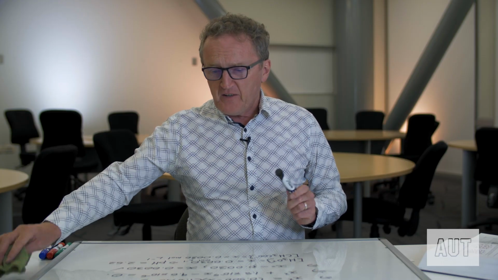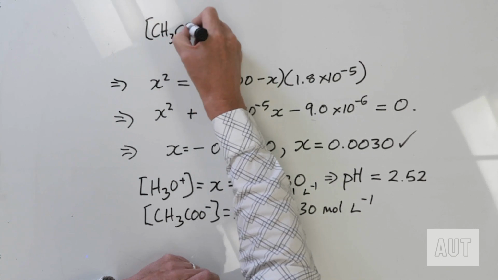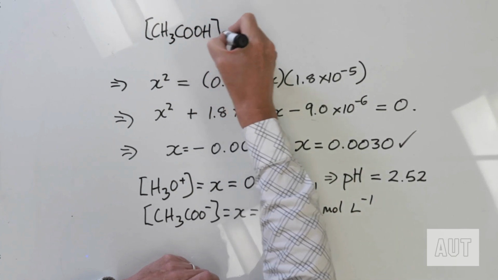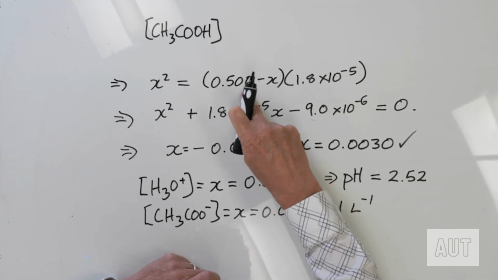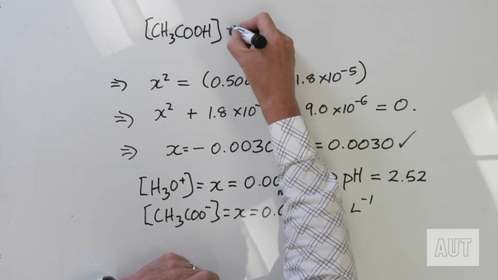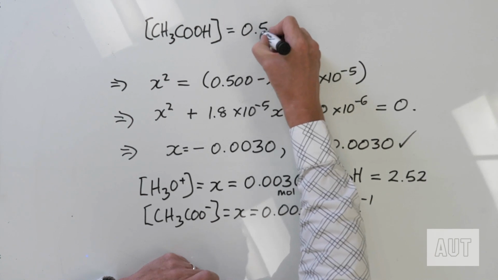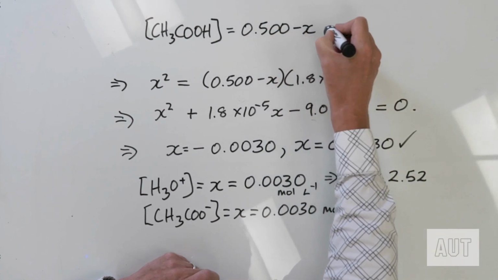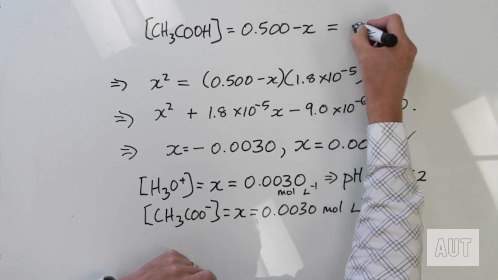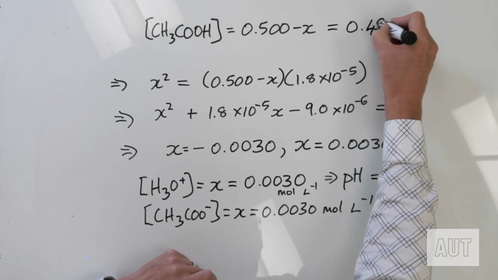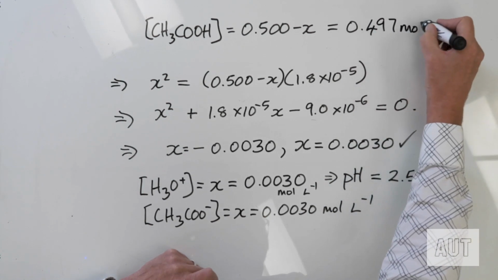And the interesting bit, well, it's all interesting, but let's have a look at what the concentration of CH₃COOH is, because it started off at 0.500 mole per litre. From the concentration table, it is 0.500 minus x, and x, remember, is 0.003, and so that equals 0.497 mole per litre.